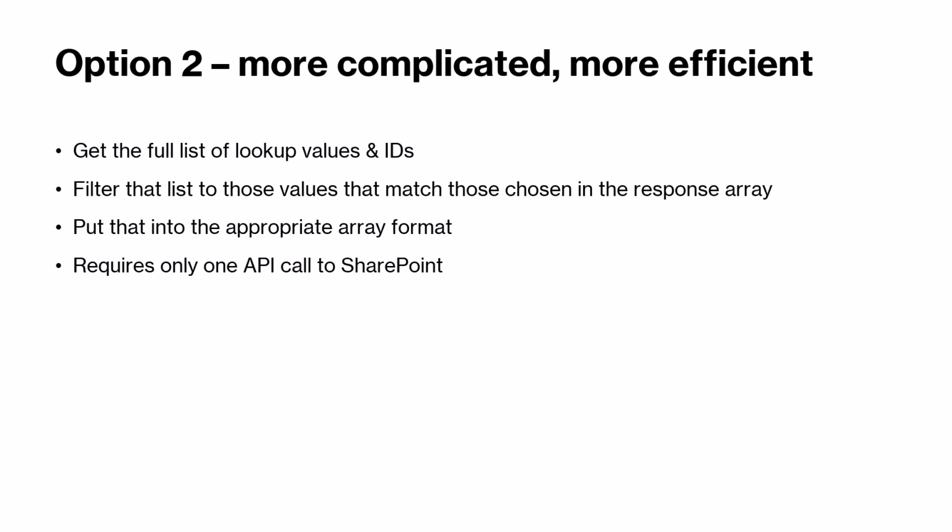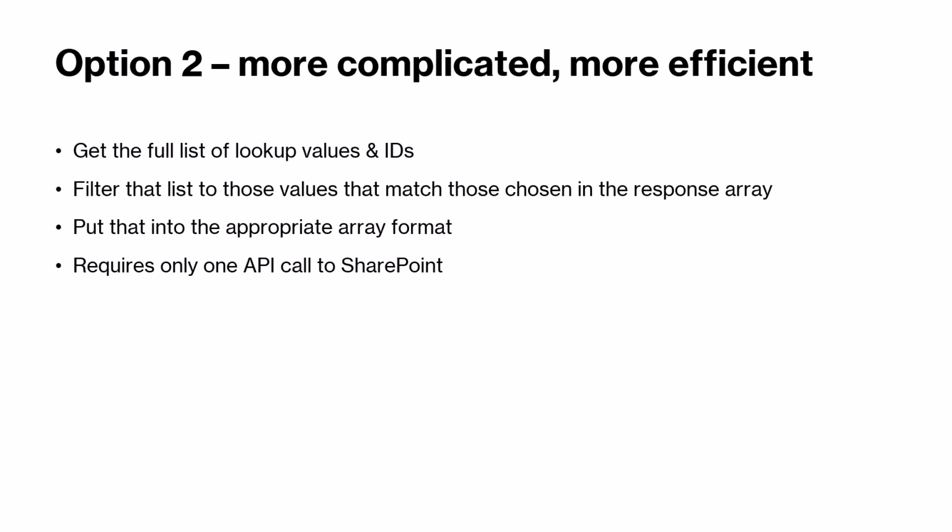Anyway, what we're going to do is get the full list of those lookup values, and then select from that the title field and the ID to build an array. Then we're going to filter that to values that match the ones from the response array. So we have the array of titles and IDs from that lookup list.